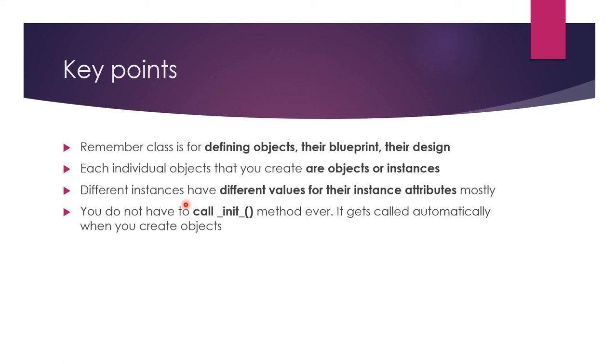You don't have to call the init method whenever you create an object. It gets called automatically, and whatever values you pass specifically for your object creation will be set automatically as attributes for the object that you create out of it. So these are the key points to remember in the case of instance attributes.